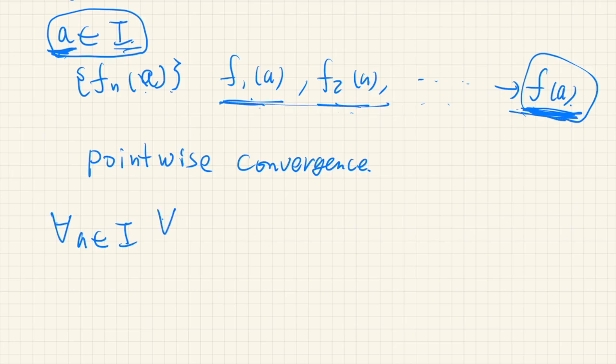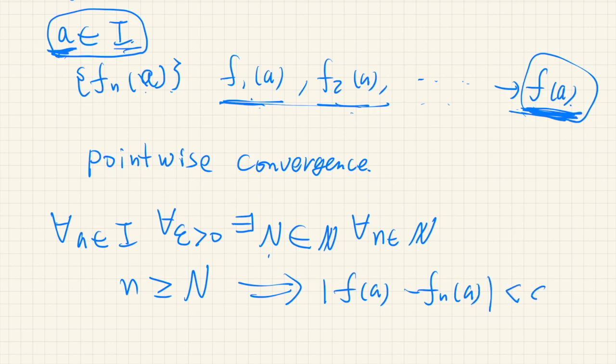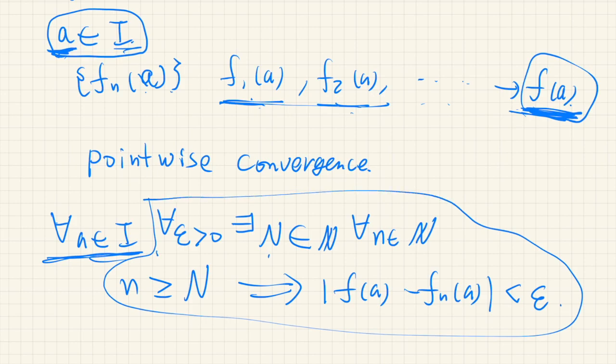So that means for all epsilon that is positive, there exists a natural number, capital N, such that for all natural numbers, lowercase n, if lowercase n is greater than or equal to uppercase N, then the difference between f of A and fn of A is less than epsilon. So first we fix the value of A. Then we just consider the ordinary sequence of numbers.